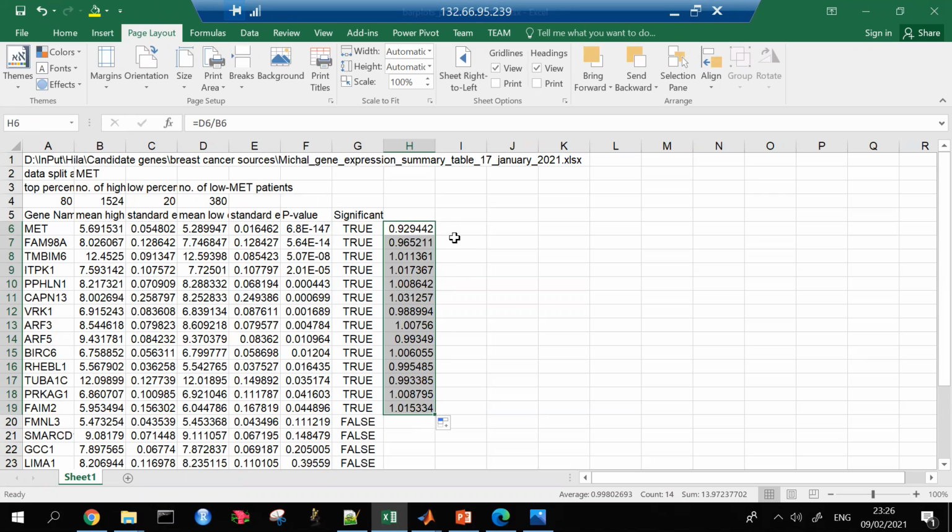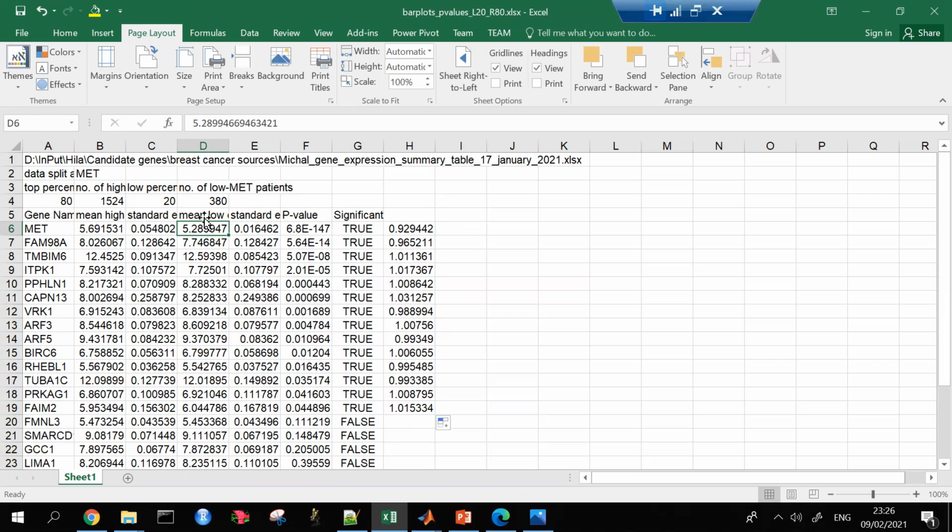Okay, and then he sees, for example, if we take the group with the lower percentage of MET, the 20% patients with low MET, you can see it here, and the rest of the 80% patients.